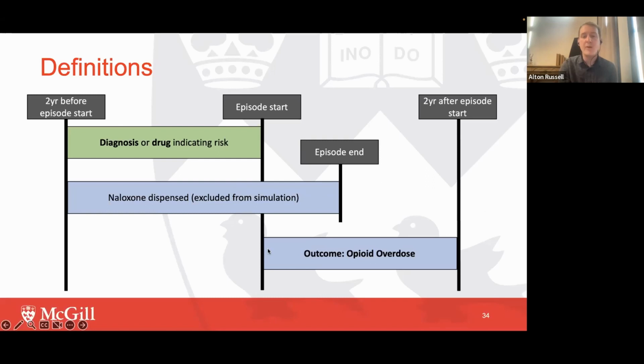And then the outcome that we're looking at is opioid overdose anytime between episode start and 2 years after the episode starts. Because the policy we simulate is going to be giving them naloxone at the start of the episode, we assume that it has some chance of preventing an overdose anytime in the 2-year period after the start of the episode.